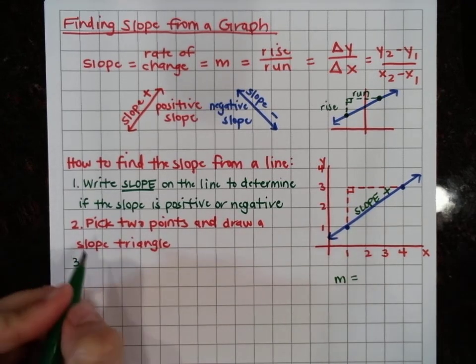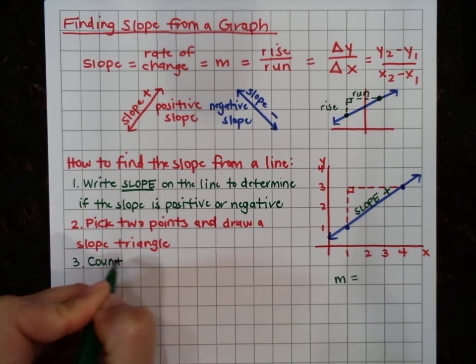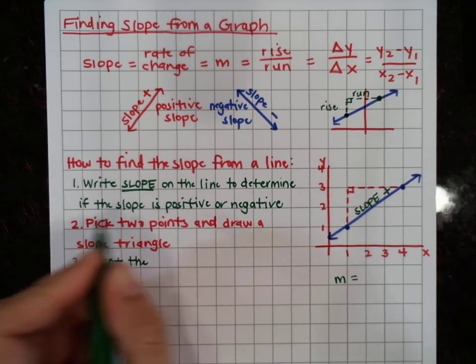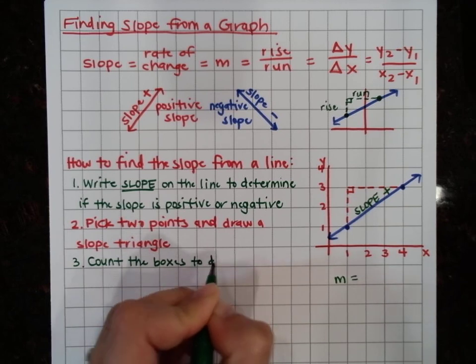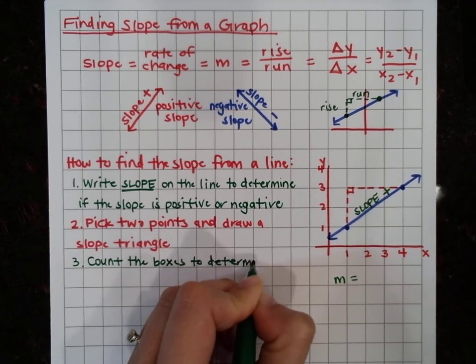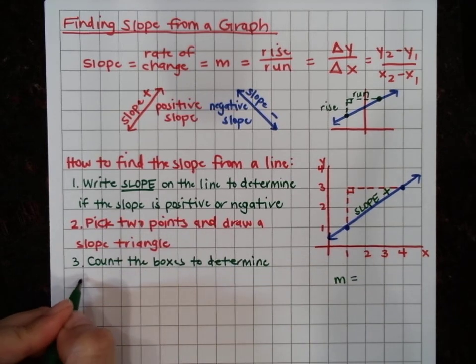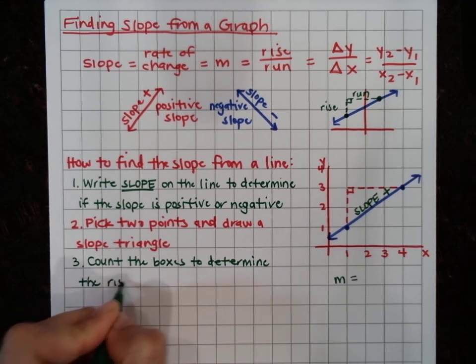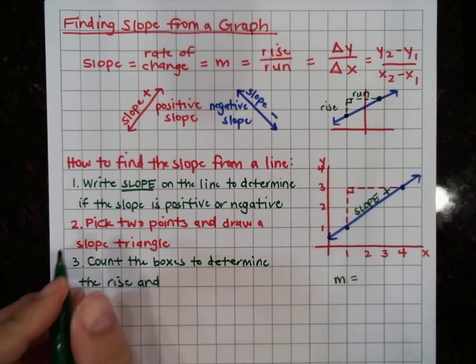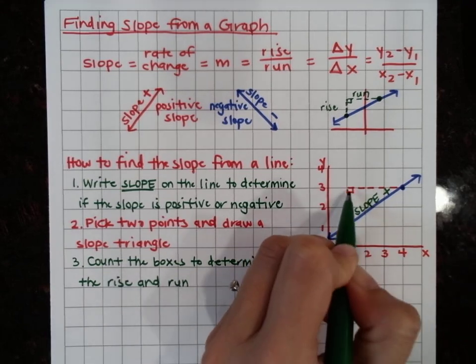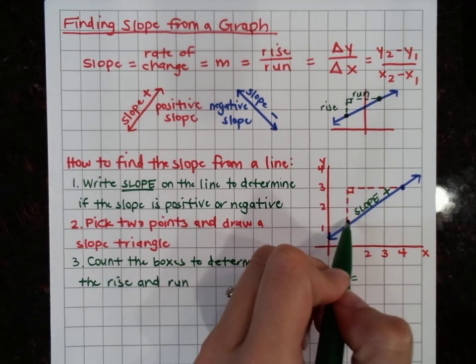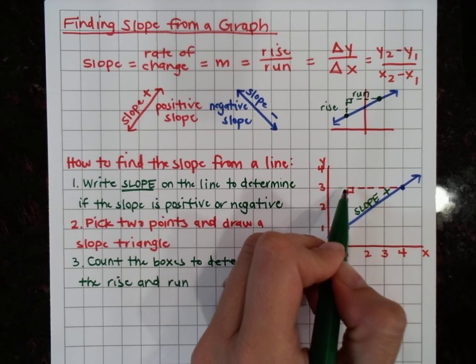Now you're going to count the boxes to determine the rise and the run. Okay, so our rise, think of things rising off the ground, they go up.